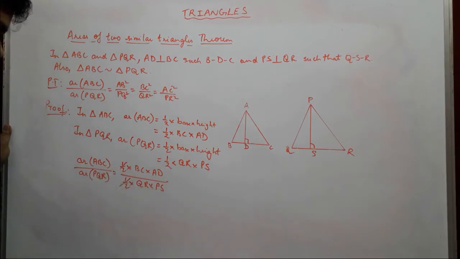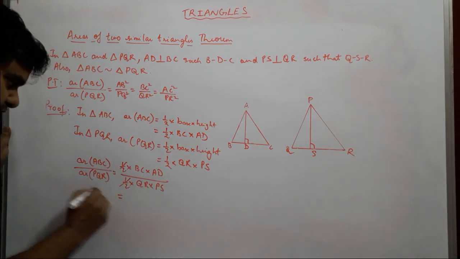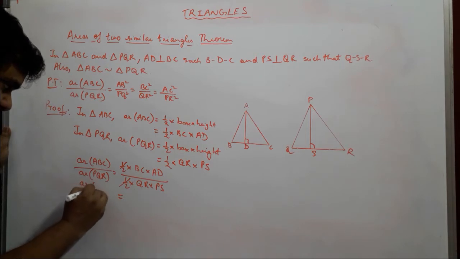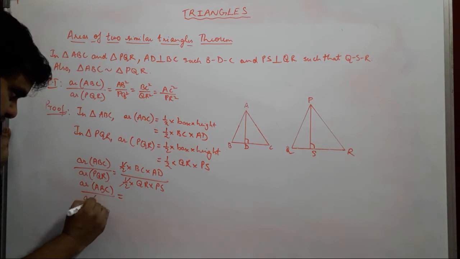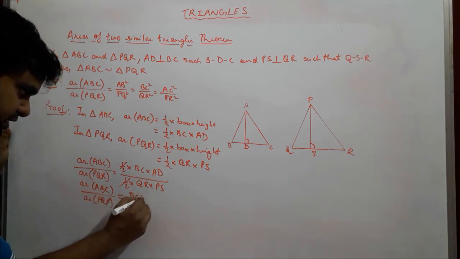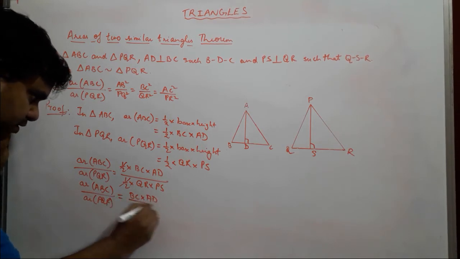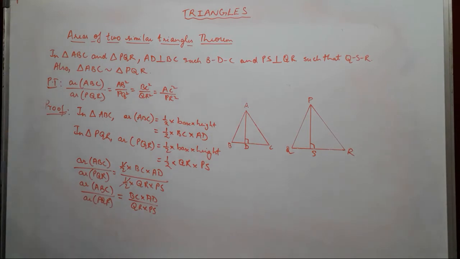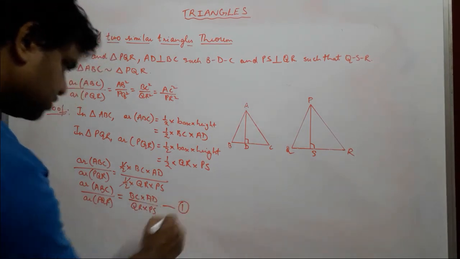Half and half will cancel, and we'll write this again: area of triangle ABC upon area of triangle PQR is equal to BC into AD upon QR into PS, and we'll mark this as 1.